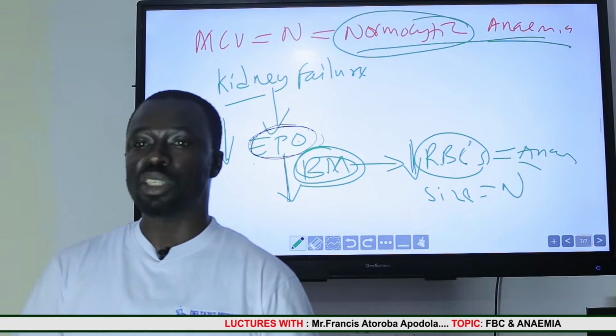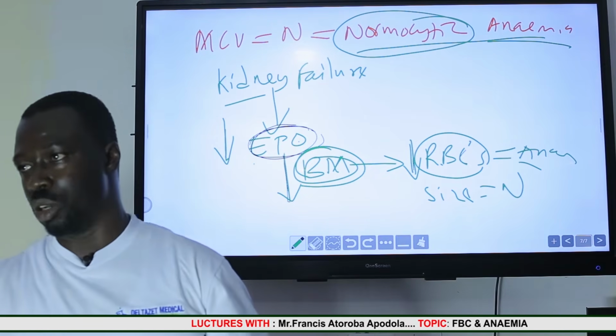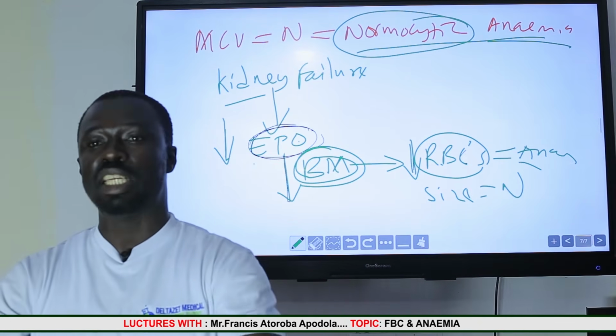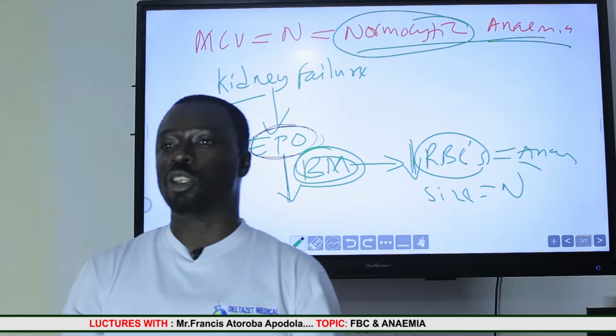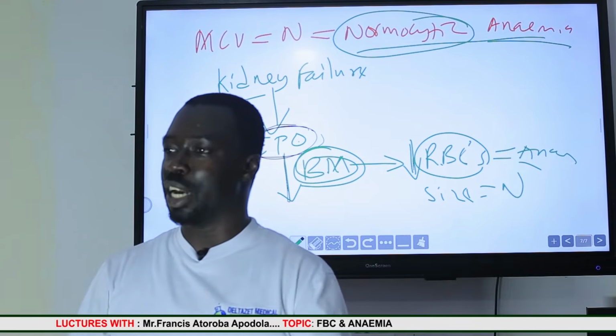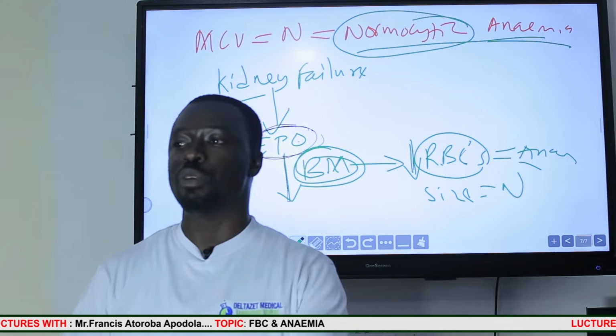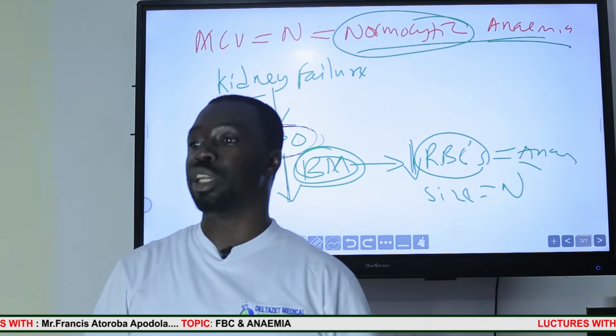And because the RBCs are inadequate, that equals anemia. But the available RBCs that we say are inadequate, their sizes are actually normal, under the condition that there was no prior nutritional deficiency before the patient was put on the chemo.